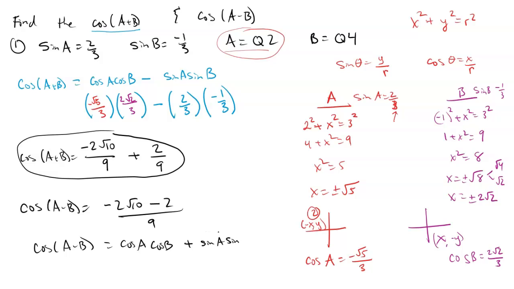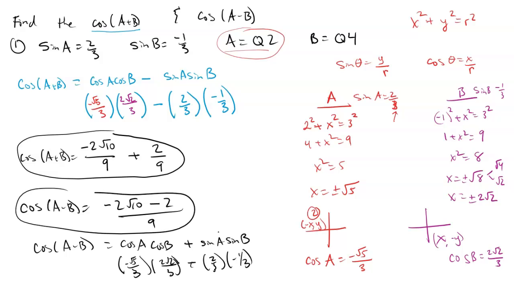Sine of A, sine of B. So again, I found all this information already, so there's no need to go ahead and reinvent the wheel again. Plus, again, 2/3 and negative a third. Again, positive, positive, negative, that's going to be a negative. And we get our value.